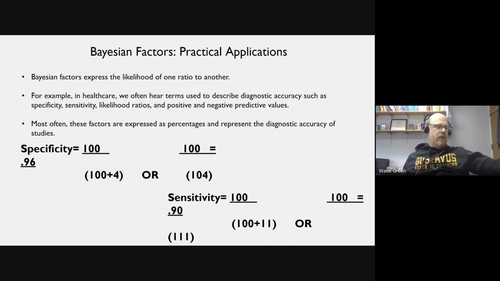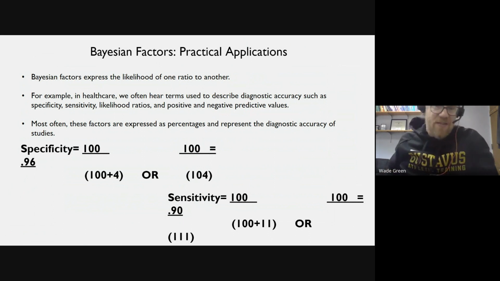So for all of you that go on further in your healthcare journey, whether you're doing AT, OT, PT, PA school, XPhys, whatever it is you're doing, you will likely end up at a certain point hearing about these terms, specificity and sensitivity.